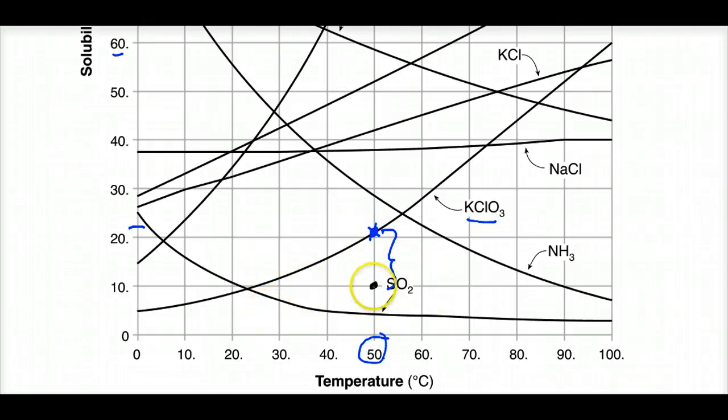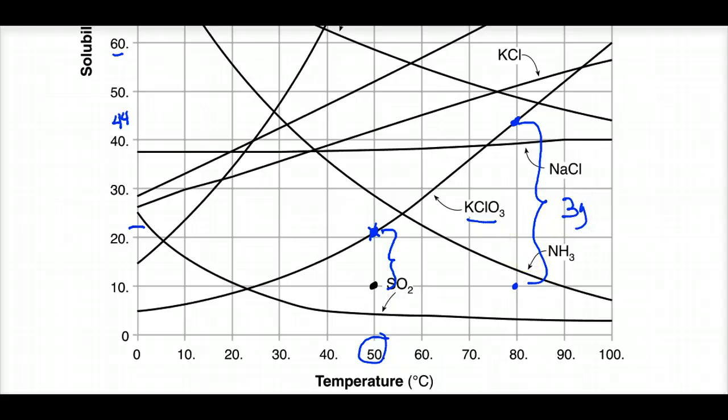What if I had 10 grams at 50 and now I heated it to, let's say, 80? If I heat it, I know that solid solubilities go up, and now I'm here. Let's make that 44. So I was at 10, now I go 10, 20, 30, 34 grams would be necessary to make it saturated.